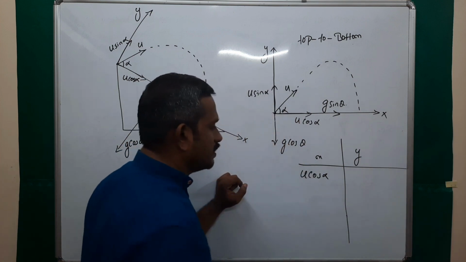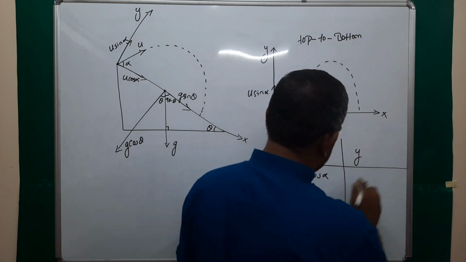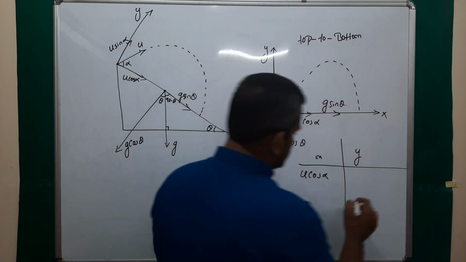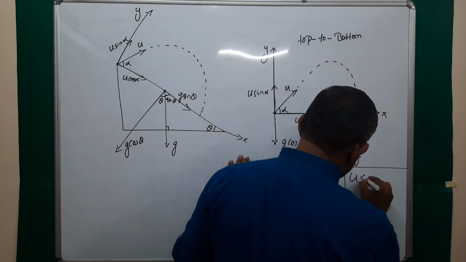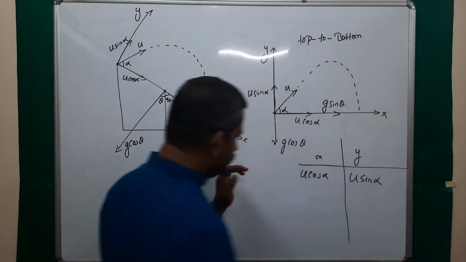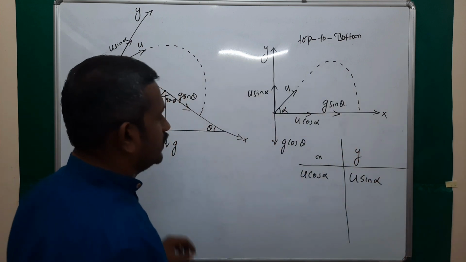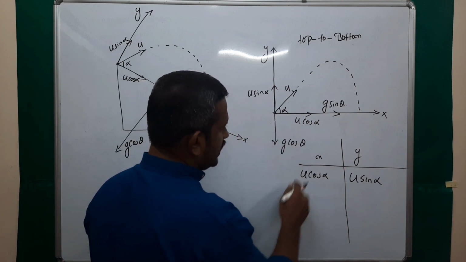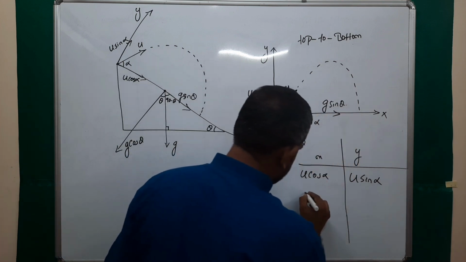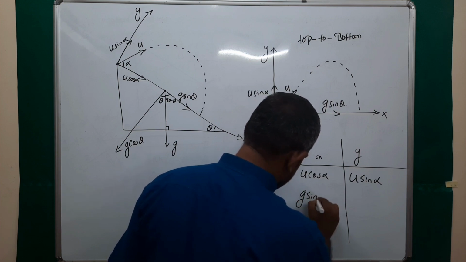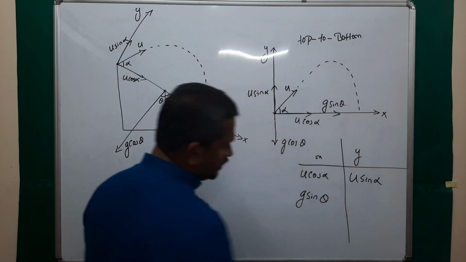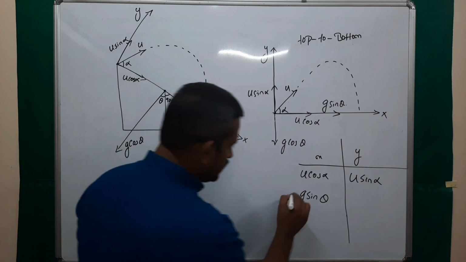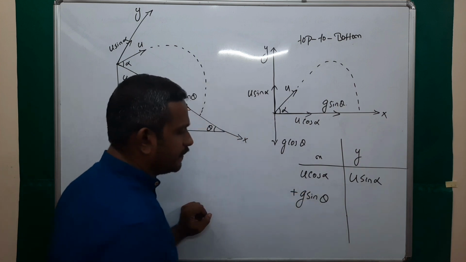In the vertical direction, the initial velocity is u sin alpha. What is the acceleration in the x direction? That is g sin theta, positive only.